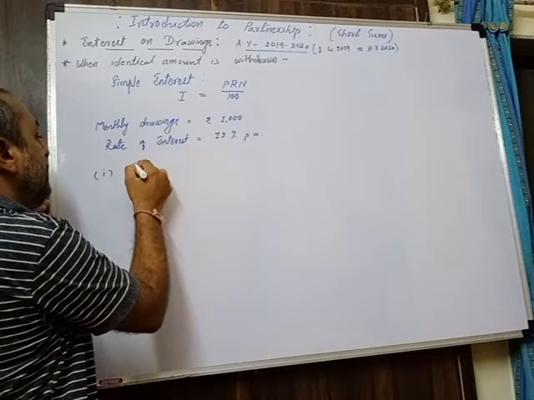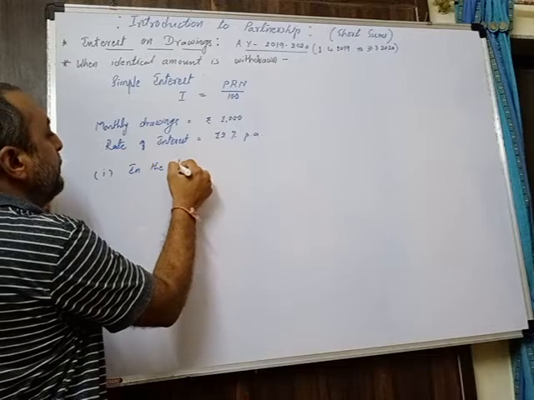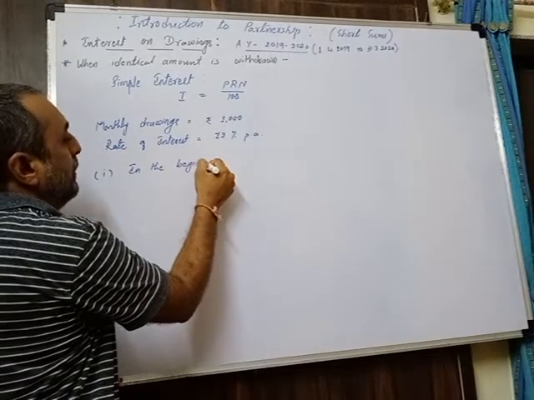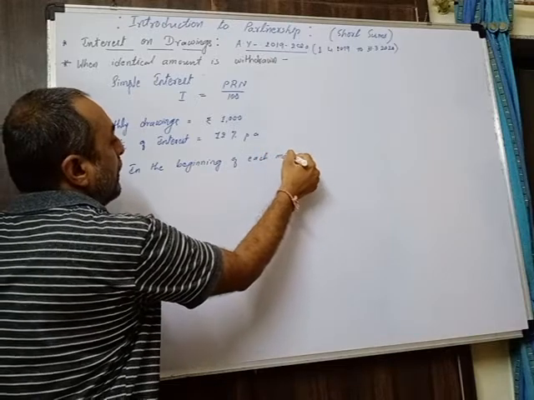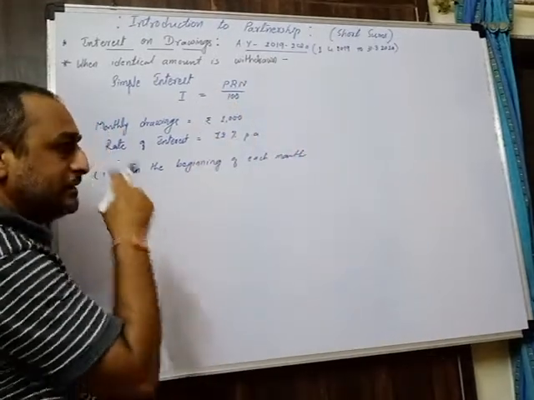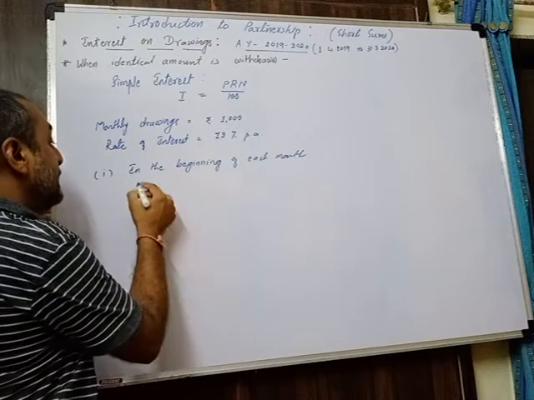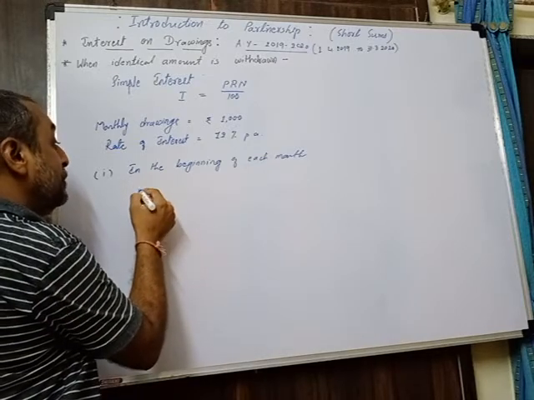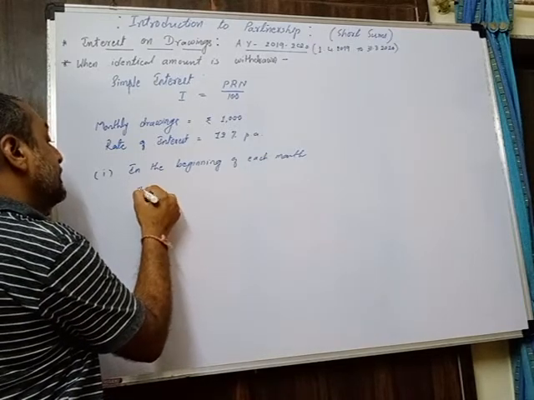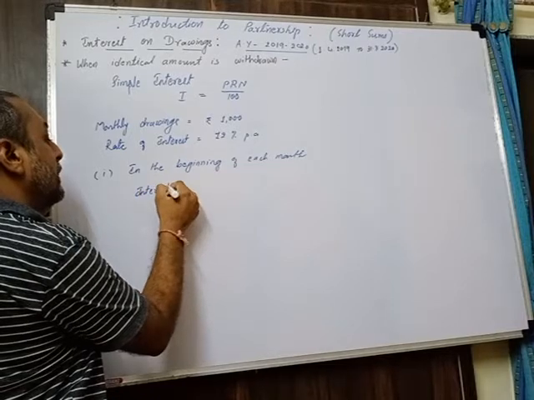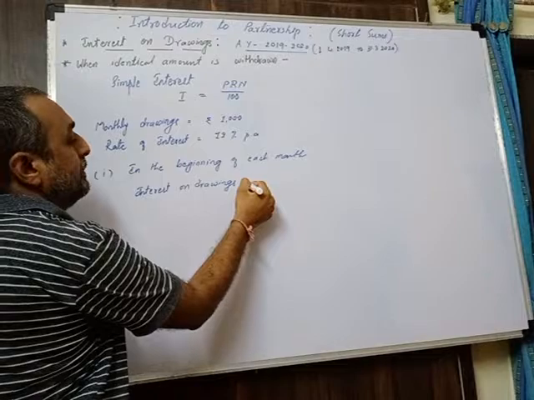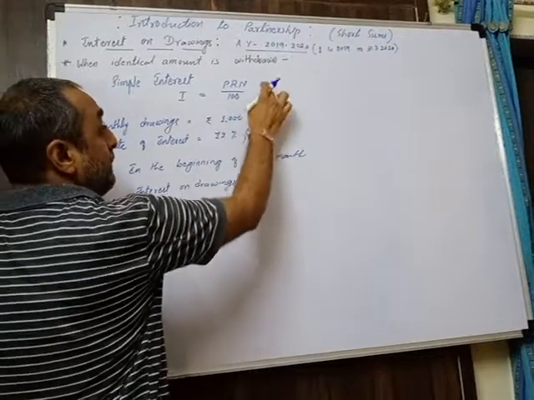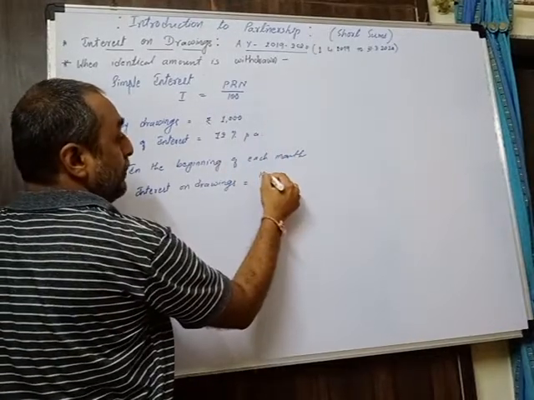First case is if it is in the beginning of each month. Then in that case the formula which you have to take over here, interest on drawings is equal to, instead of PRN upon 100, you can use this formula also.